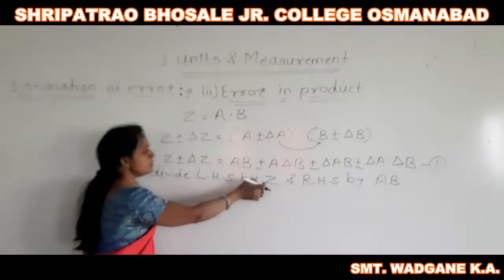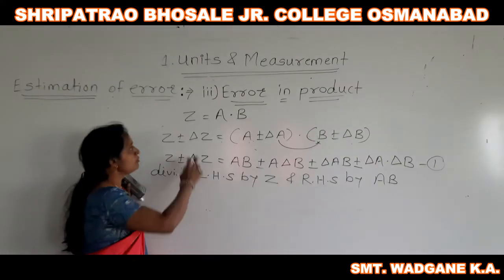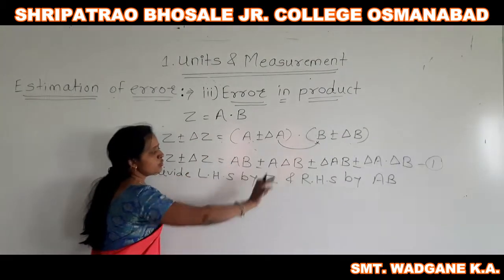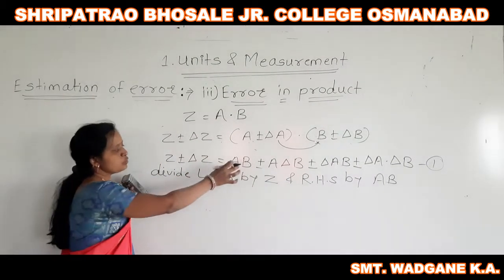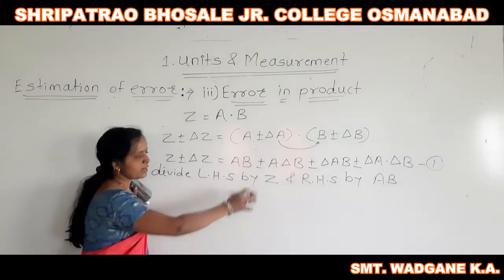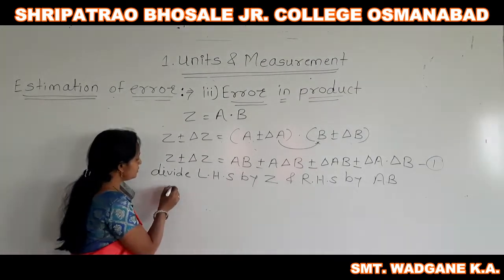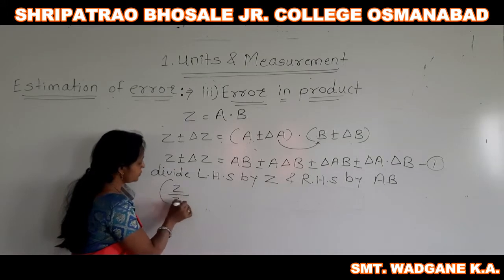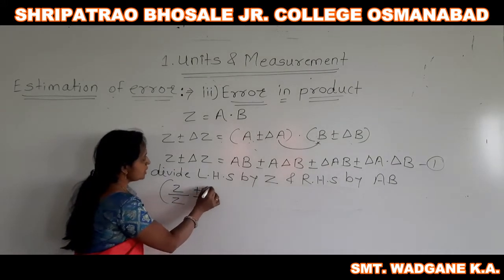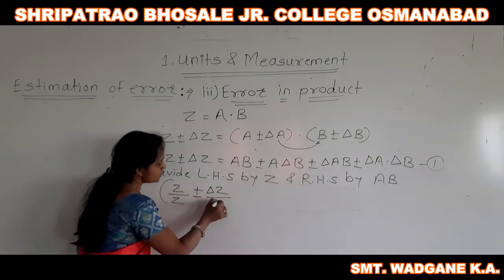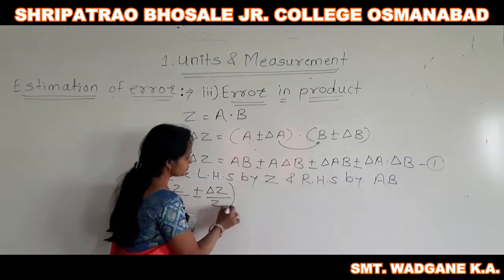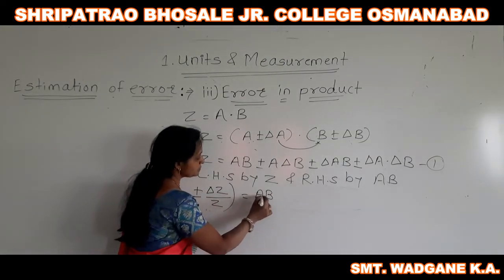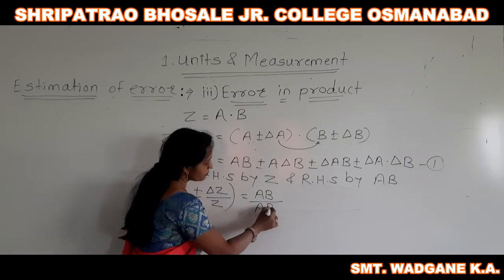You can also divide by Z, but the value of Z is AB. Therefore RHS we can divide by AB, since both terms are AB. Then dividing we get Z by Z plus or minus delta Z divided by Z. Then AB divided by AB.